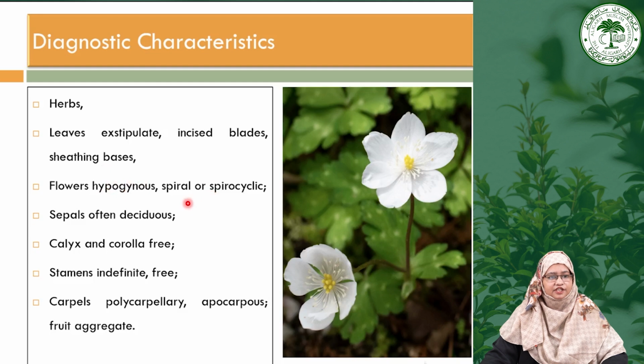They have a spiral or spirocyclic arrangement. Sepals are often deciduous and calyx and corollas are free. Stamens are indefinite and free, carpels are polycarpellary, apocarpous, and the fruit is aggregate type.